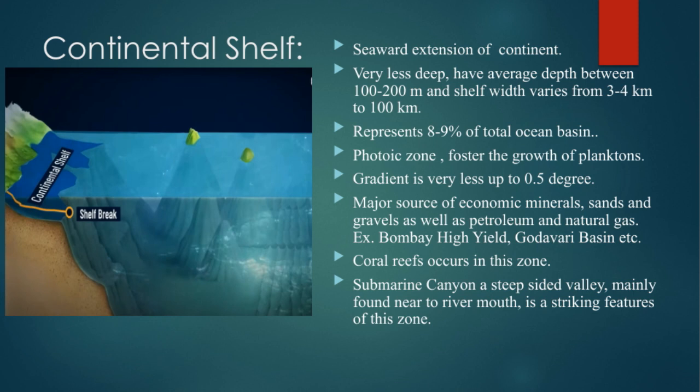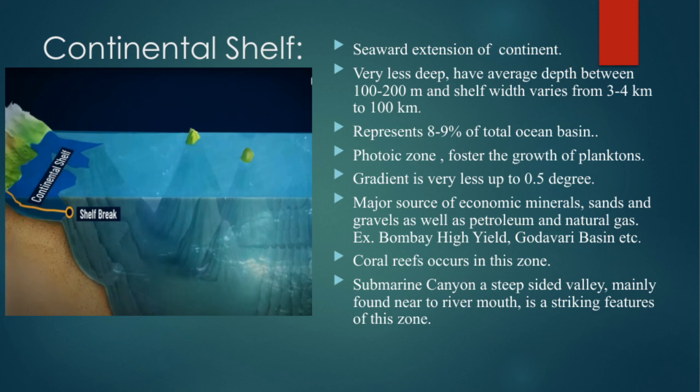The continental shelf is also incredibly important economically. It's a major source of minerals, sands, and gravels, as well as petroleum and natural gas. Think of examples like the Bombay High Oil Field or the Godavari Basin, which are significant contributors to our energy resources. In addition, coral reefs thrive in this zone, adding to its biodiversity.